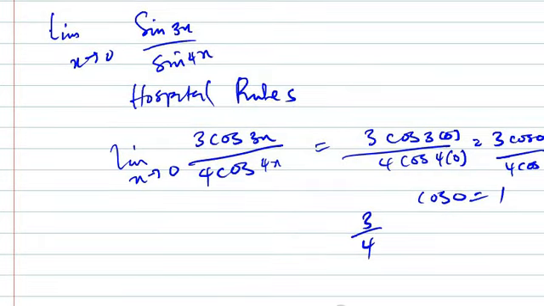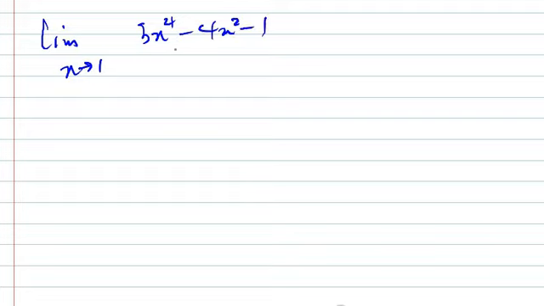So the next question is the limit as x approaches 1 of 5x to the power 5 minus 4x squared minus 1 all over 10 minus x minus 9x cubed.